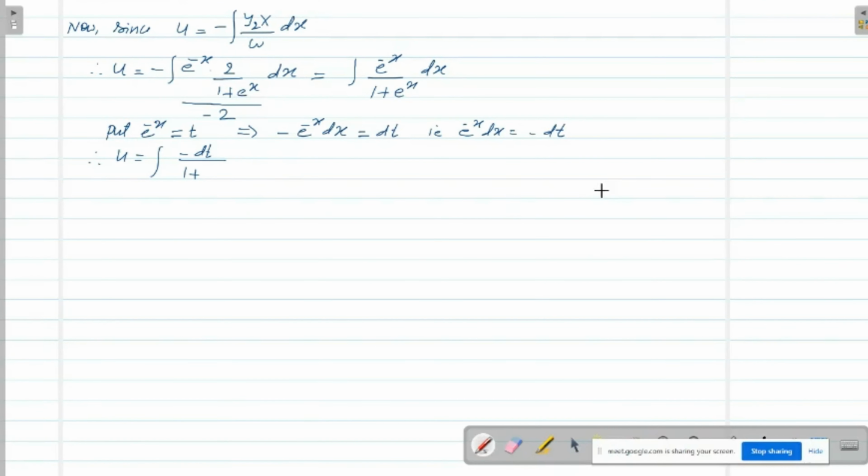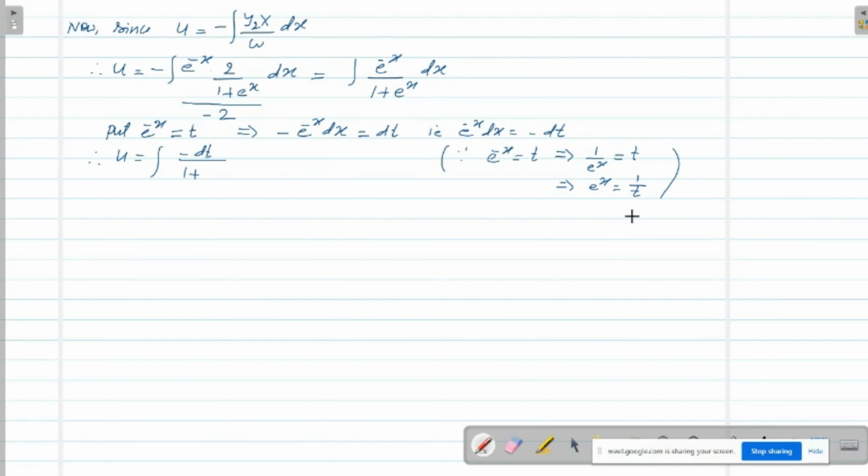For this, let us do the calculation. Since e raised to minus x equal to t, this implies 1 upon e raised to x equal to t, so e raised to x equal to 1 upon t.